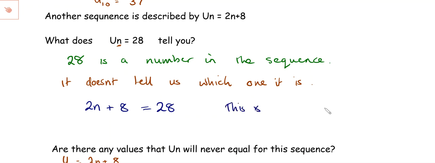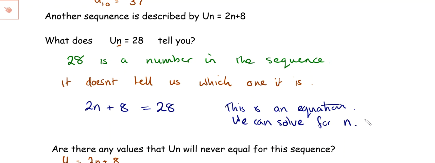This is an equation. We can solve for n is the way to say it. Okay? And that's what we're going to be looking at doing. So we don't have to keep counting up.